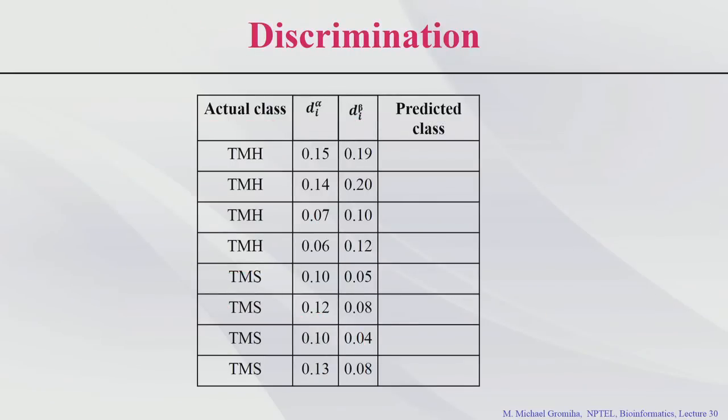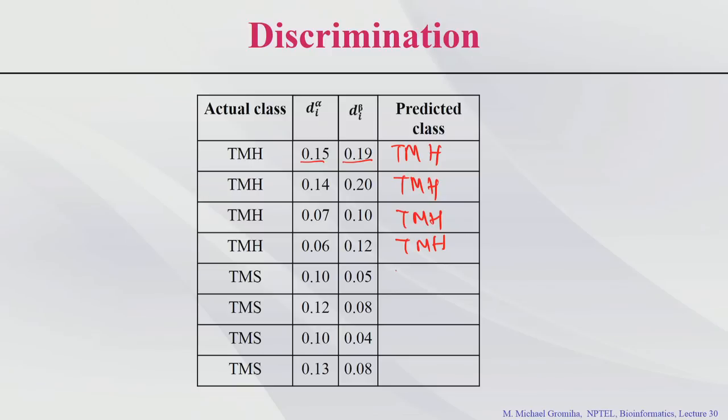For example, if this is the value, you can see the actual class; alpha it is 0.15, beta it is 0.19. So, what is the predicted class? Alpha, TMH. Second one? TMH. Third one? TMH. Fourth one? TMH.